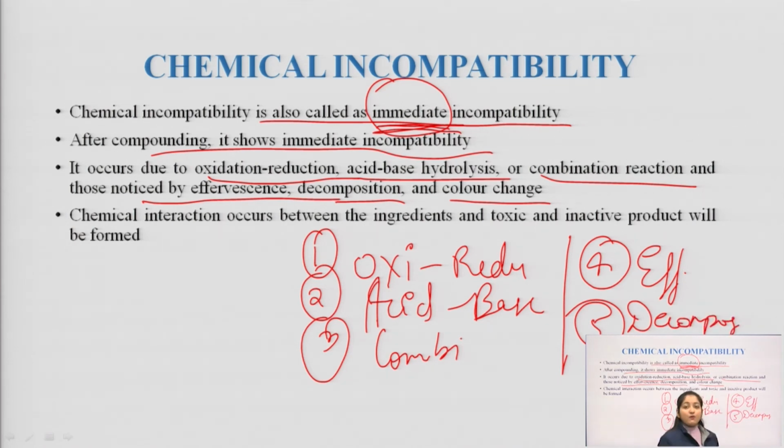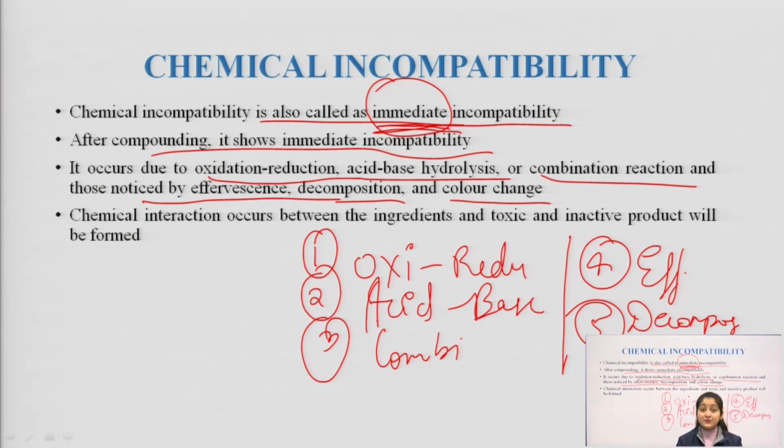These are some of the points that evoke the possibility of chemical incompatibility in our formulation. Sometimes we do not know that chemical incompatibility has occurred in a particular dosage form. We are unaware. However, sometimes a color change reaction helps us understand that chemical incompatibility has occurred. Let me give you an example: let us consider a situation where the formulation you have made is initially red in color.